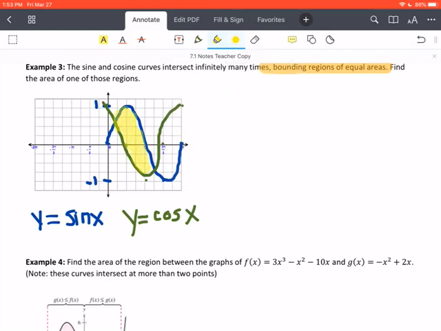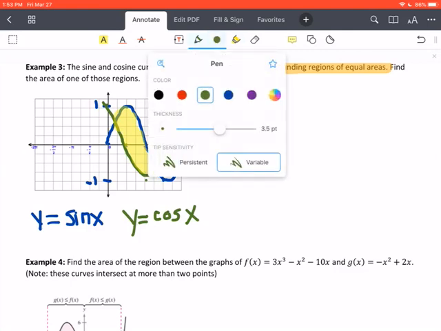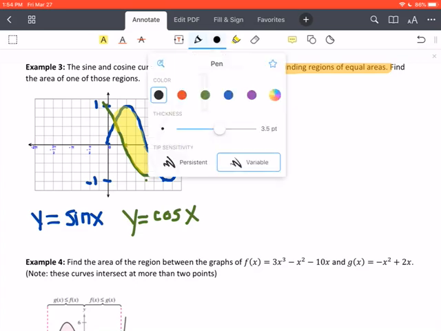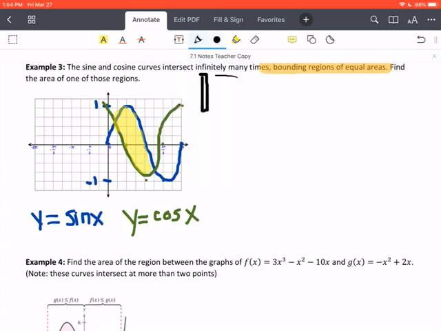Now, because my graph isn't perfect, we need to think about two things. What is our rectangle defined by? What is our related rectangle looking like? If we think about drawing a rectangle, the top of that rectangle is going to be defined by which function? The top is going to be defined by sine in this case.